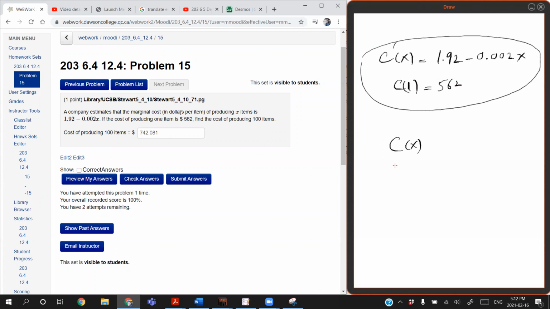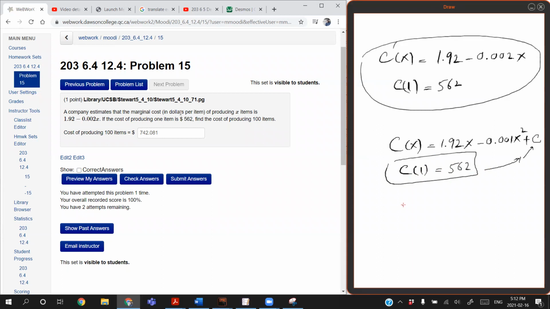So C of x is going to be the antiderivative of this, which is 1.92x minus 0.001x squared plus some C. And this C you can find because you know C of 1 is 562. So you can use this piece of information to figure out what C is.